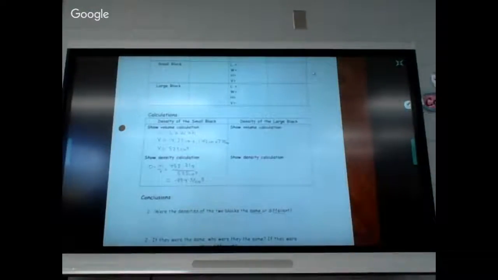Largest ball block in the Raleigh County. Give me milliliter. Milliliter. Yes. Wait, we're not... That's not.